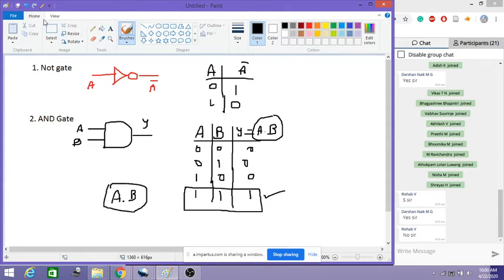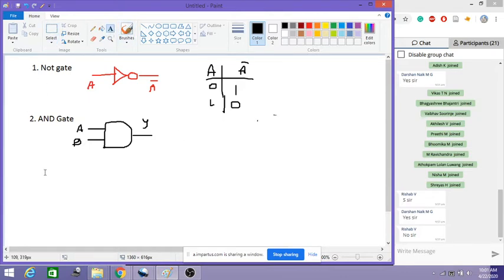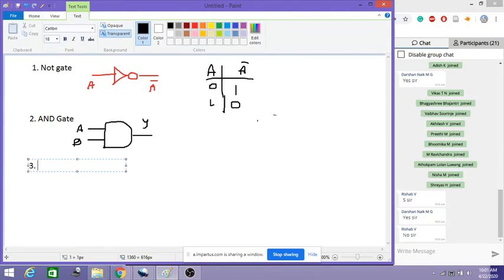Now let us take the OR gate, the third one here.